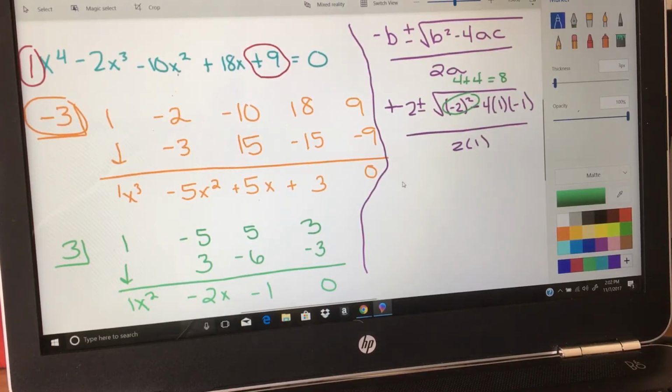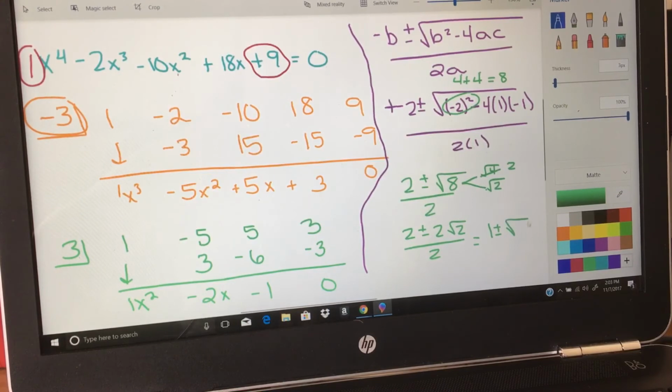So this comes down as 2 plus or minus the square root of 8, over 2. Then we want to simplify this radical. The square root of 8, we can pull out as square root of 4 times square root of 2, and the square root of 4 simplifies to 2. So this gives us 2 plus or minus 2 radical 2, over 2, in which case now we can reduce these 2's, not the one in the radical, so that gives you 1 plus or minus radical 2.